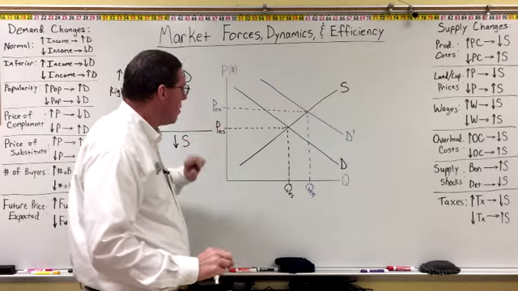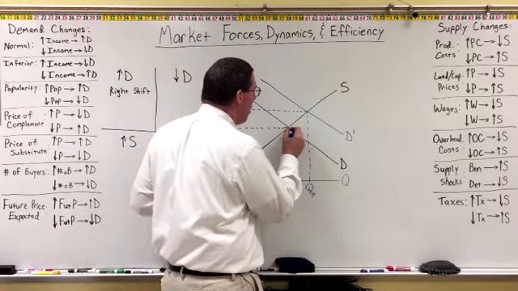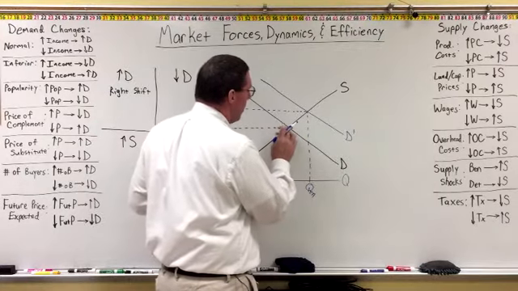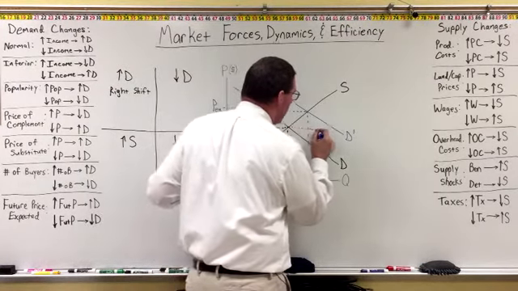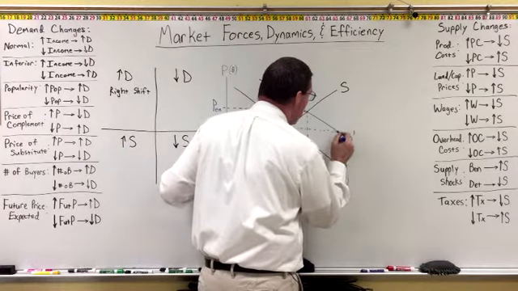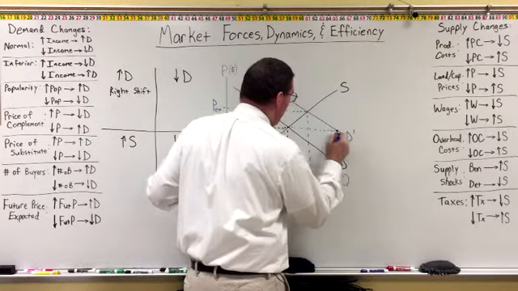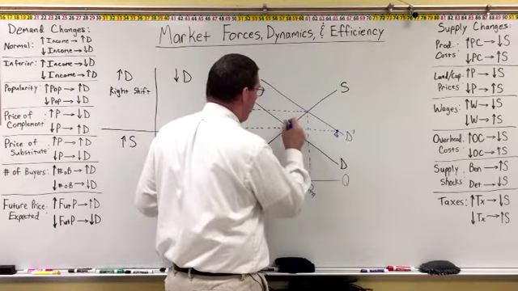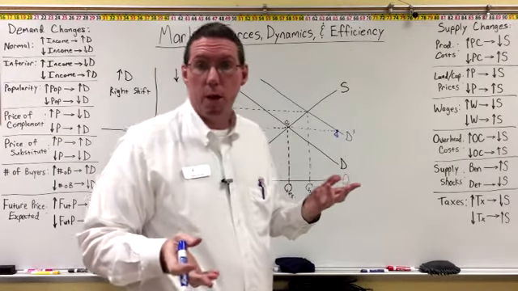If the price stays down here, then quantity supplied is not changing at all. Quantity supplied is right here, but because of the new demand curve, demanders want more. So now quantity demanded is over here, and quantity supplied is all the way over here where it was originally.